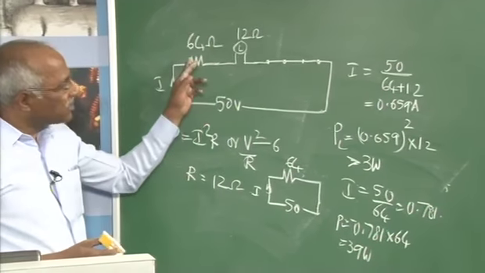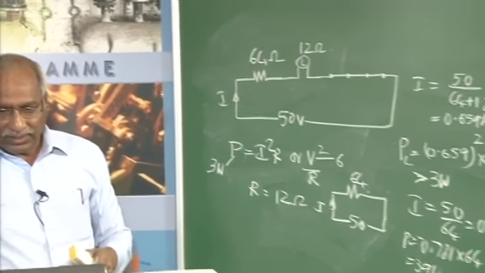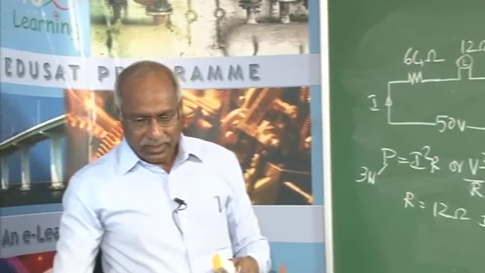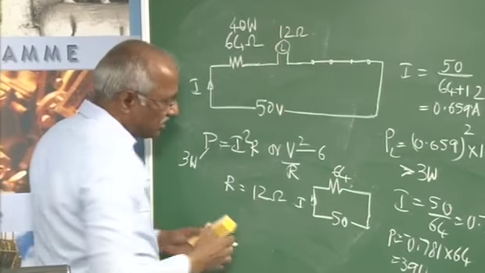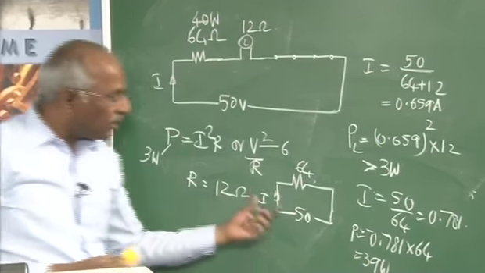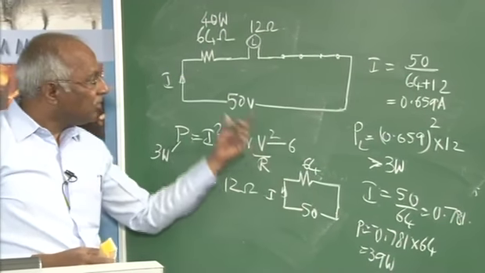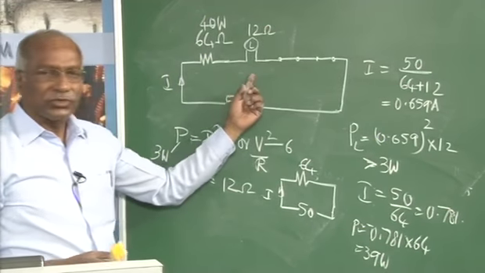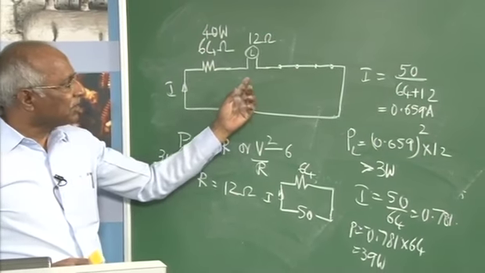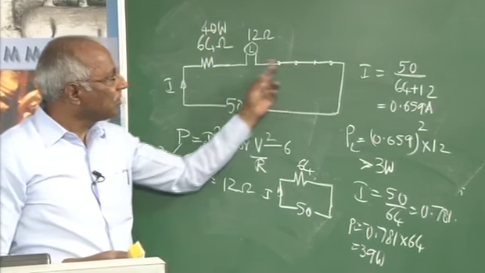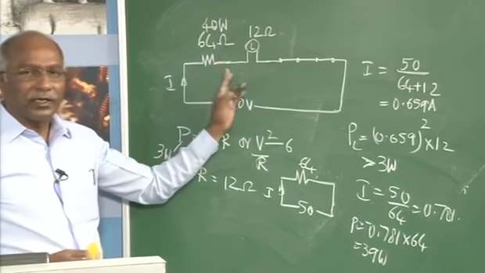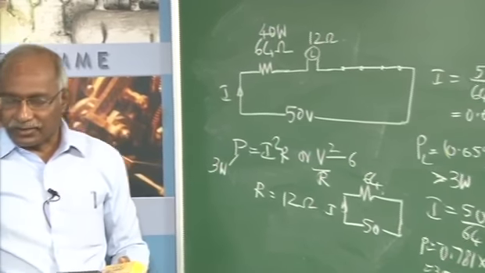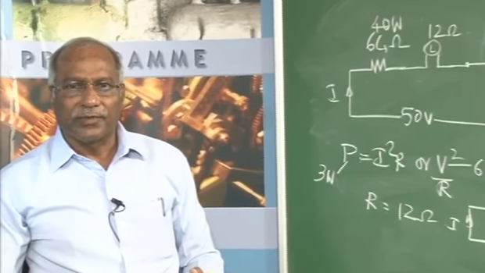As you can see in the problem, the resistor is rated for 40 watts. Since this is only 39 watts, the resistor will not get damaged even when the three lamps fuse out. So when these two fuse out, this will also fuse out, but the resistor will not get destroyed. So that is the consequence.